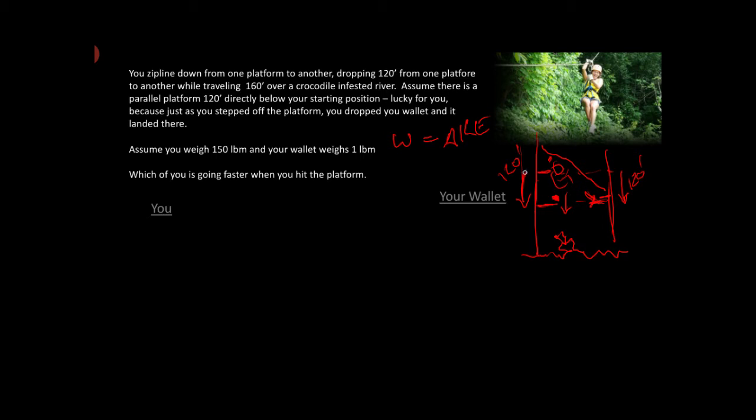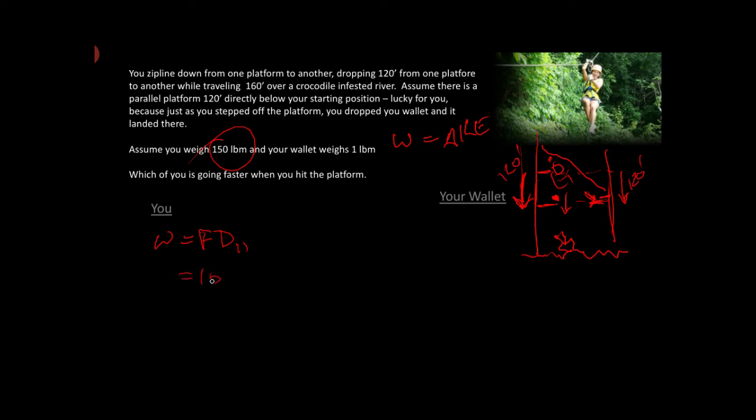Remember, what we decided was the easier way to do this was to use the work is equal to the force times the distance parallel to that force. And the force is just your weight, and you weigh, in this case, 150 pounds, right?